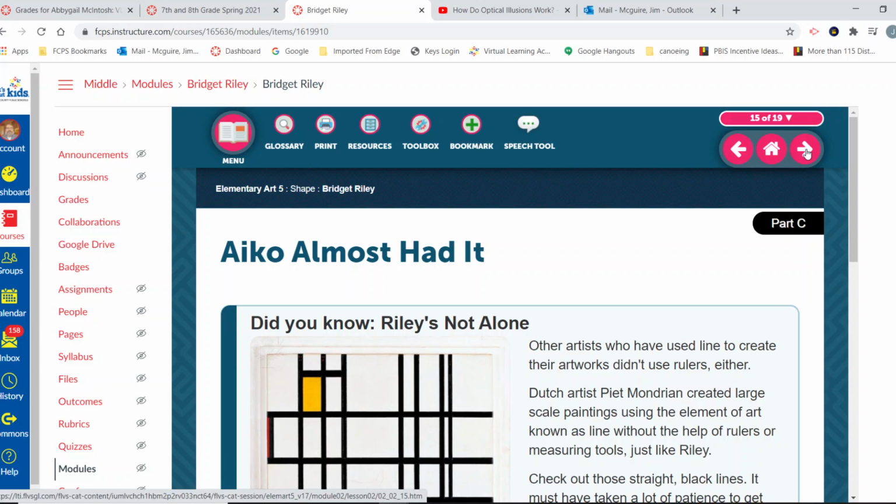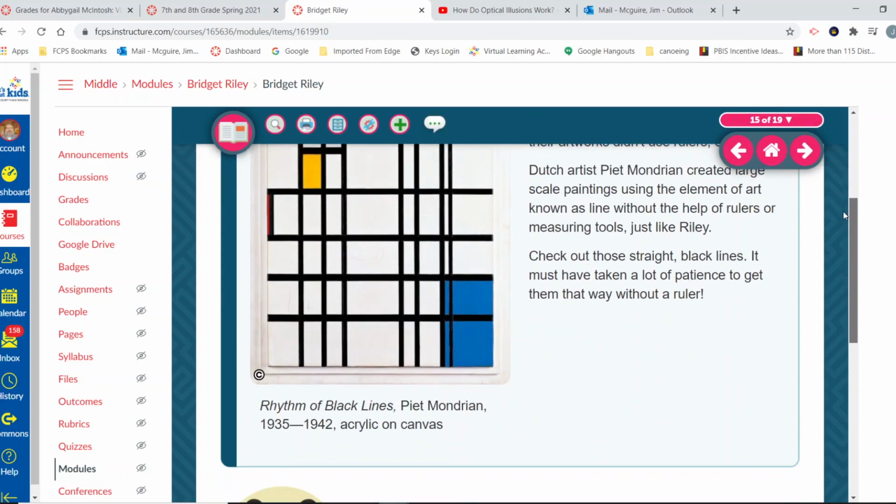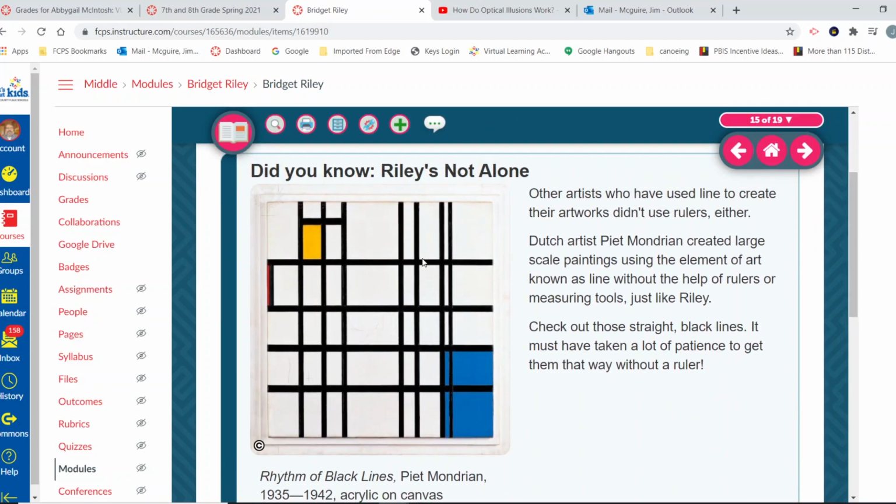So the last attendance question answer of the day is Piet Mondrian. And what Mondrian did was create these very graphic and rigid works of art, also not using any type of tools, just like Bridget Riley. Much like Piet Mondrian, she worked without the rulers and tools and so forth.